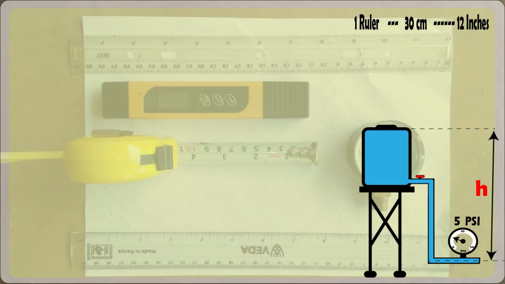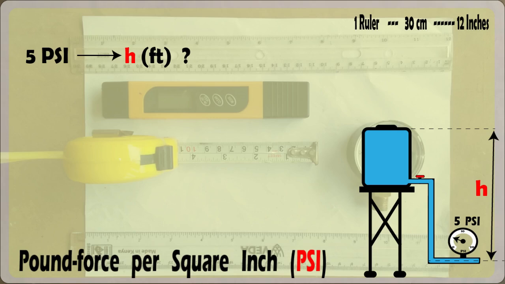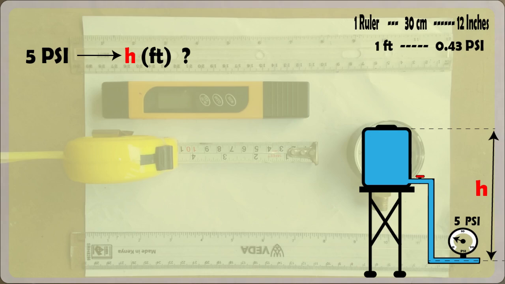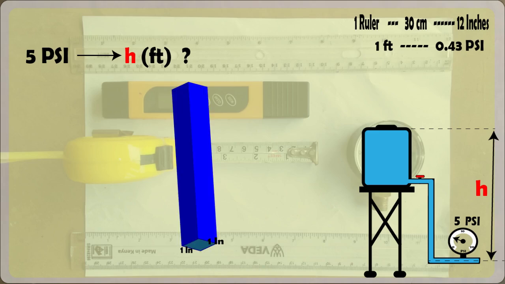But before we do that, let me first explain what I understand by pounds per square inch unit. Let's assume you have an area at the bottom of a tank that is 1 inch by 1 inch square. We also imagine that you have a column of water resting on that area only.